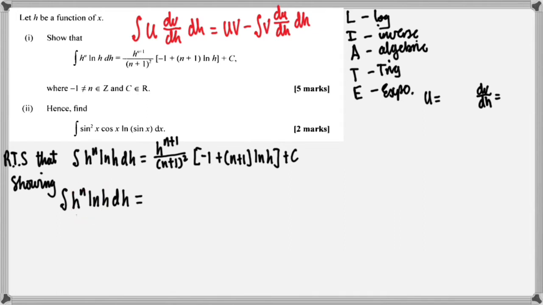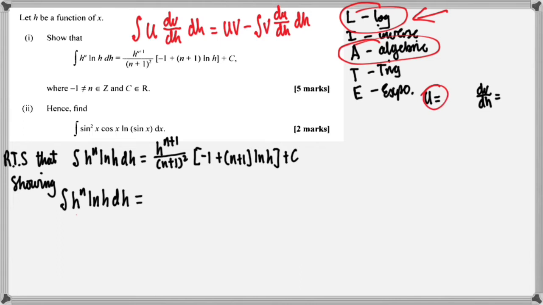H to the power of n is algebraic. This is a logarithmic function. So we're dealing with a log and an algebraic. And what the LIATE rule says is, the function higher in the acronym would be given preference to be u.